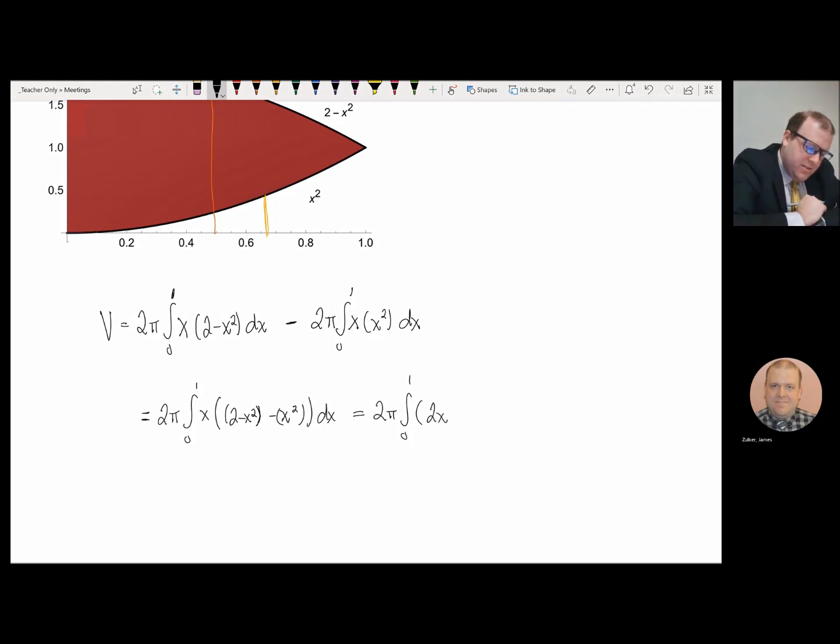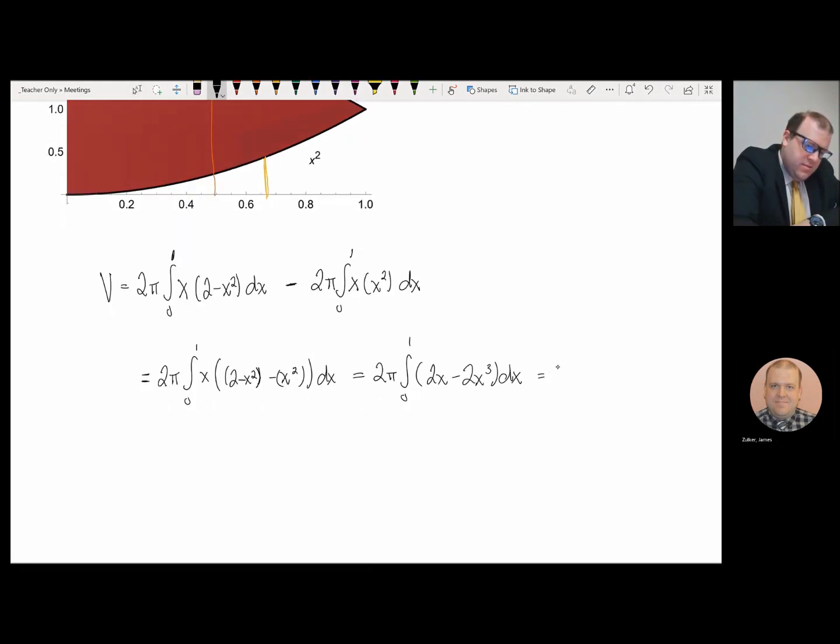Two x minus 2x cubed. And factor out that 2.